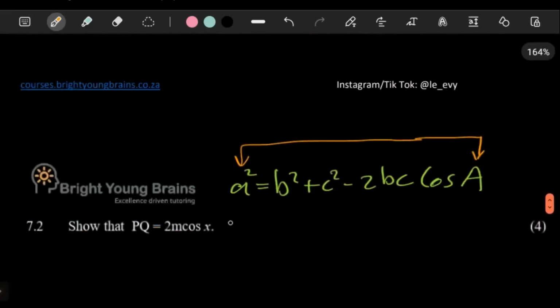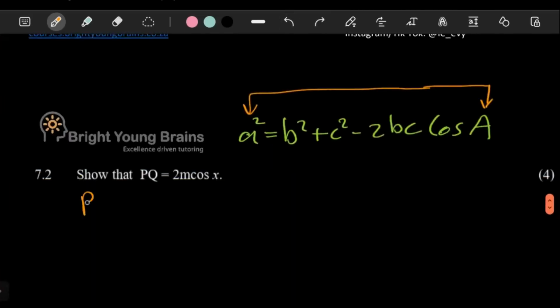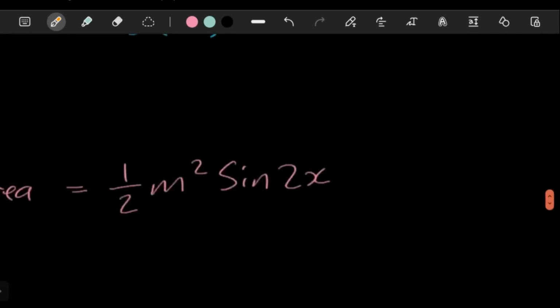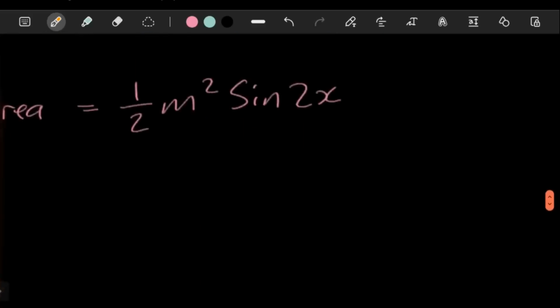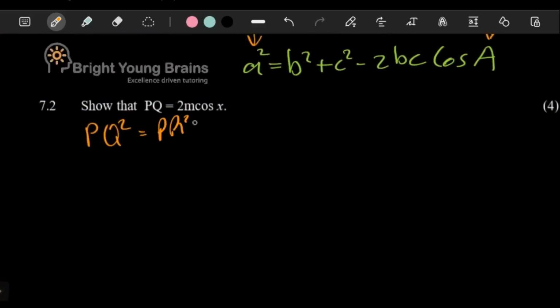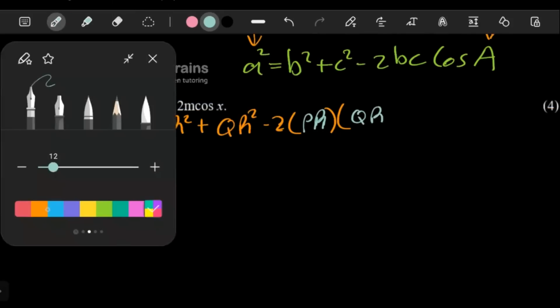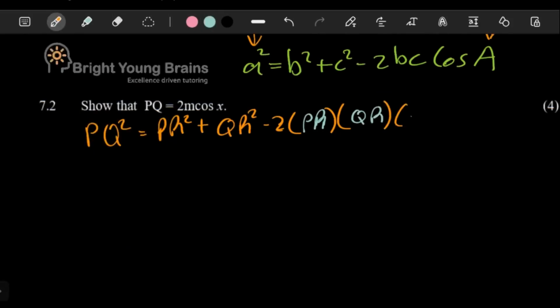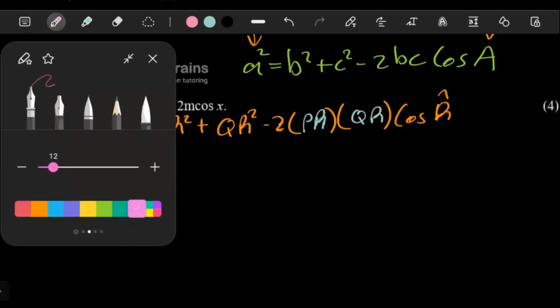So here we're going to say PQ squared is equal to the other two sides squared, so PR squared plus QR squared, minus 2 multiplied by PR and also QR, and then you close the bracket. Then cos, and the angle is R. So with everything written out, we need to drop in the numbers now.